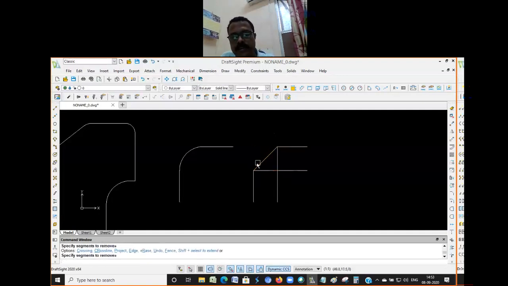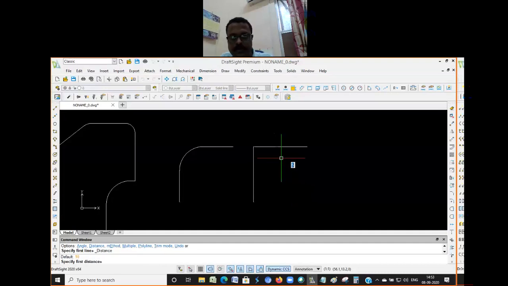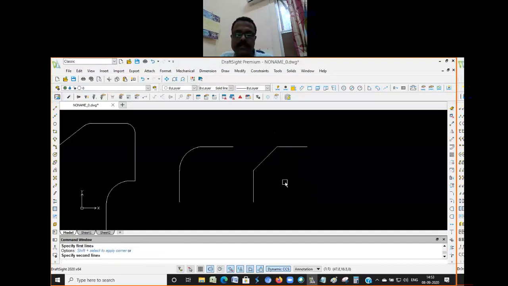So you will get a shape like this, which is 5 millimeter from this line and 5 millimeter from this line. With chamfer, distance is 5. So this is fillet, this is chamfer.